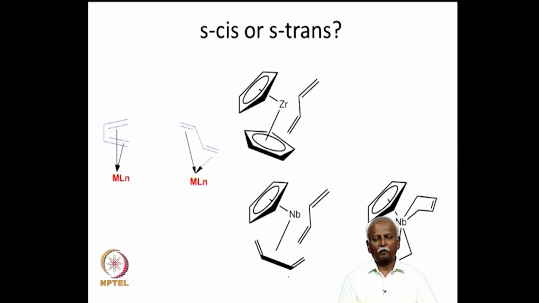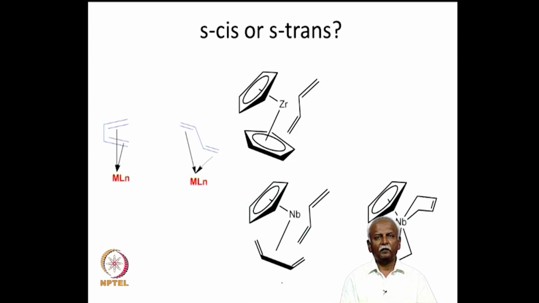So, there are a variety of complexes where you can have both the description that I gave you just now, which is a metallocyclopentene geometry, and also the butadiene geometry. But in a few cases, the butadiene is not present in the cis geometry, but it prefers to interact with the metal when it is in the trans geometry. This is reasonably rare.